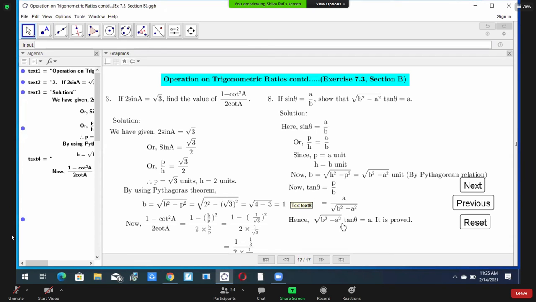If we do cross multiplication, it will be under root B square minus A square tan theta equals, on the right hand side, A remains. So it is proved. Hence, under root B square minus A square tan theta equals A is proved. Like this, we have to do. Okay, you got the idea?